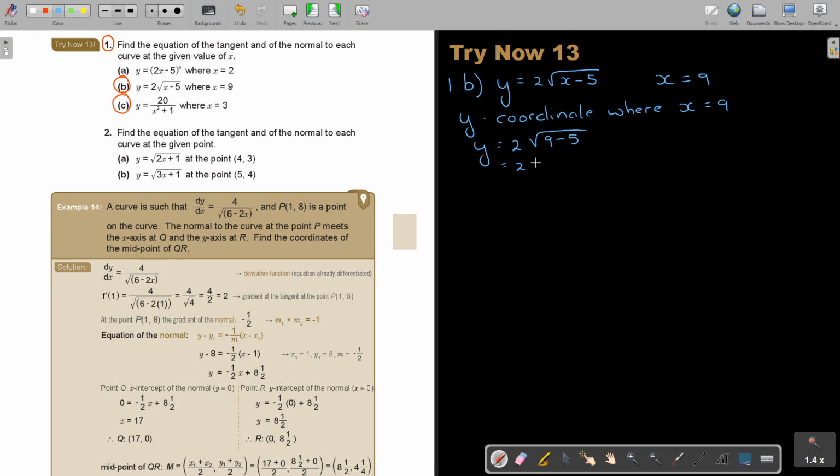So that's going to be 2 and the square root of 4. So it's 2 times 2, which is 4. Okay, so therefore the point will be 9 and 4. This is the point where it touches the curve, where we want to draw the tangent.